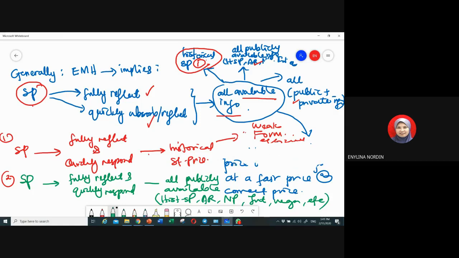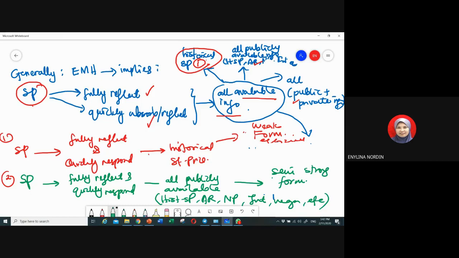Okay, right? So that means the market is efficient, but efficient in the semi-strong form, right?